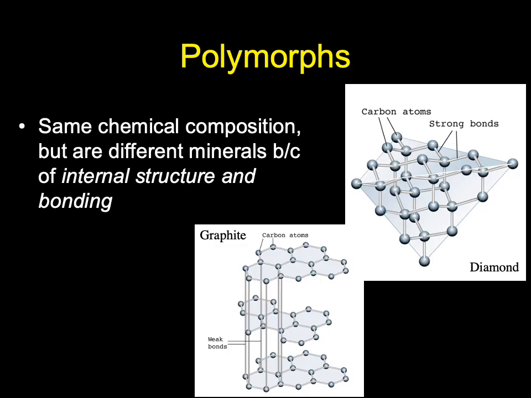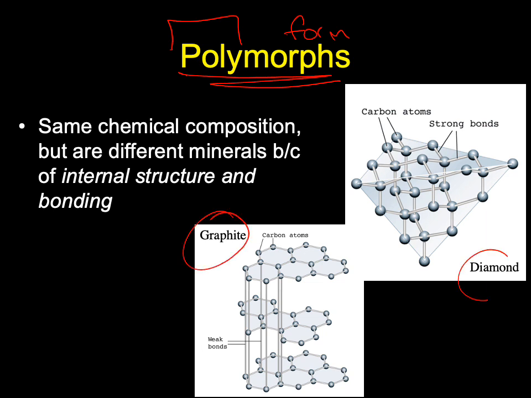So some minerals actually have the same chemical composition. They may have the same chemical formula, the same chemical makeup, but they have different types of bonding. When we have those minerals, we call those polymorphs. Poly means many, and morph means form, so there are many forms of the same chemical composition. Here's a good example.